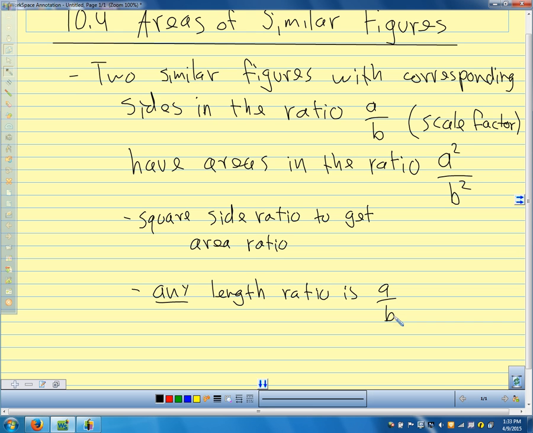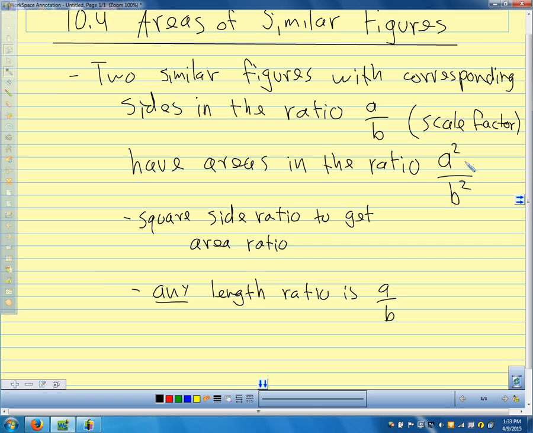The ratio of the lengths of the diagonals, that's a length. That's also going to be A over B. The ratio of the radii of two circles is going to be A over B. Any length ratio between the two similar figures is going to be A over B. Doesn't matter what that length is. And then our area ratio is going to be A squared over B squared.